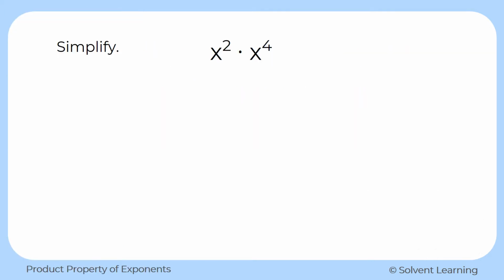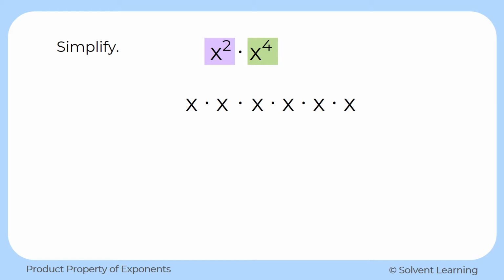First, let's take a look at this example, and it's going to help us to understand how the product property works. We can see here that we have two exponent expressions being multiplied together. We have x squared times x to the fourth power. If we expand these exponents out, we can see that x squared is x times x, and x to the fourth is x times x times x times x.